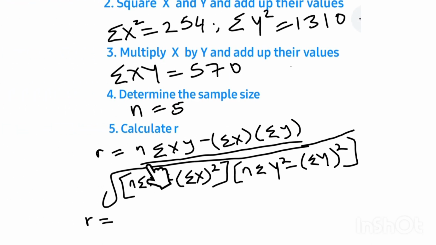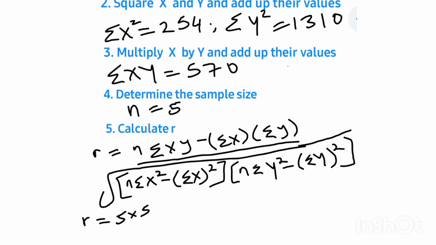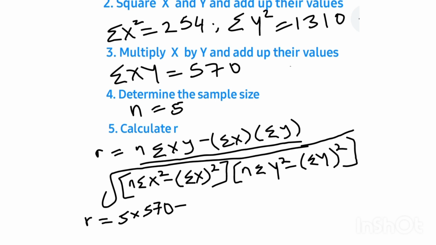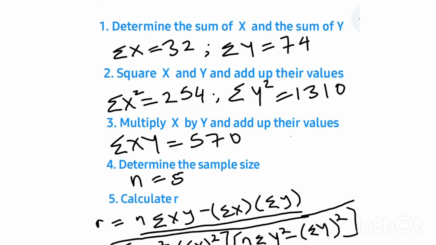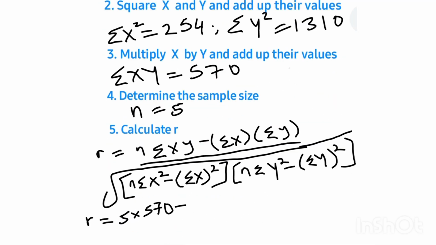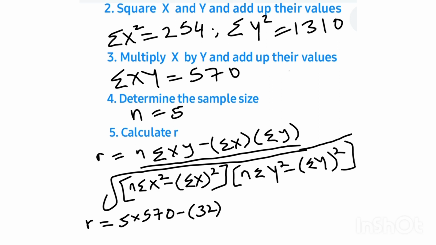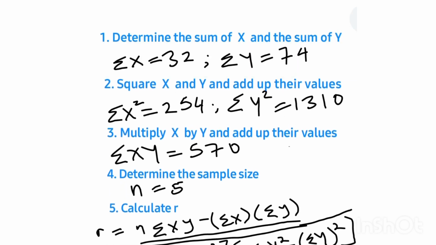And here we have n, and we did say that the n value is 5. And we record that now, 5 times, followed by summation XY, of course the value is 570, following the formula minus, we have minus here. Summation X, the value is 32, times summation Y, we have 74 here.